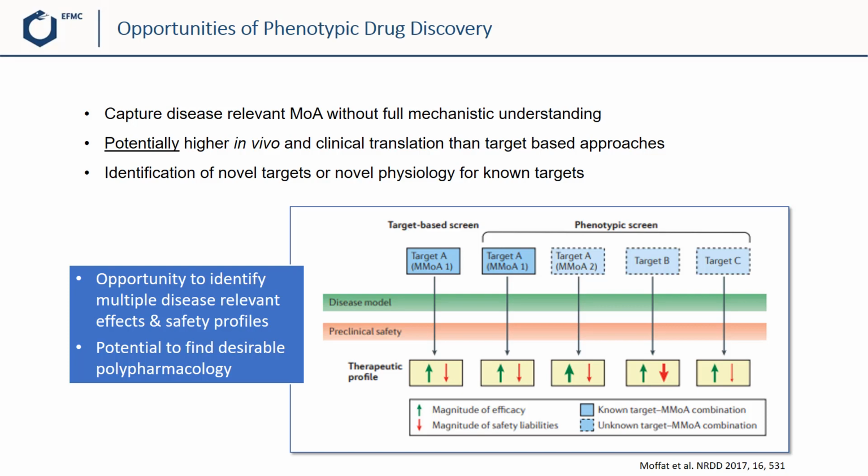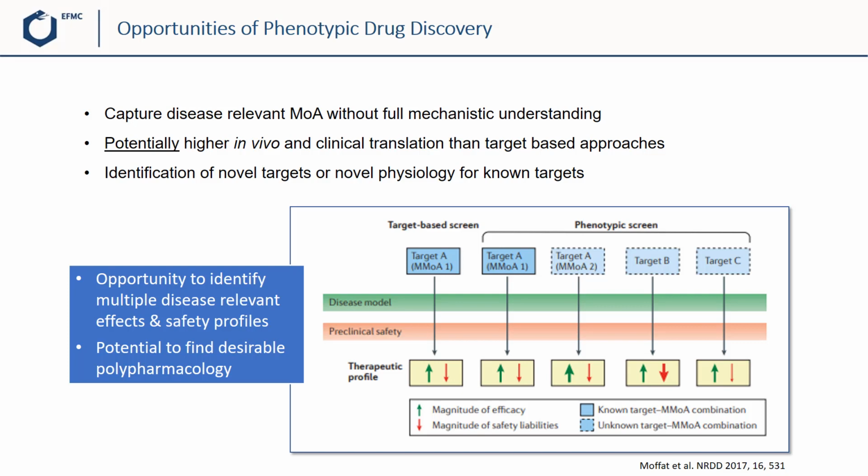With phenotypic approaches, it is possible to identify multiple disease-relevant effects, not just an effect via one target, written here as molecular mechanism of action. Each mechanism could have its own efficacy versus safety profile. The potential to find desirable so-called polypharmacology is a key benefit of phenotypic approaches.